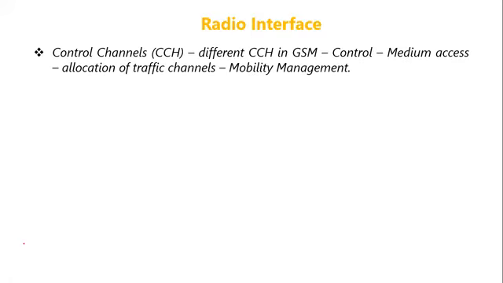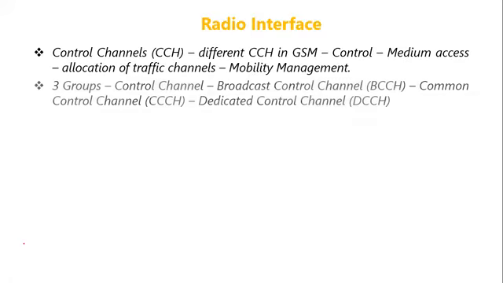The next thing we will be discussing is the control channel. Many different control channels are used in GSM. Traffic channels are represented as TCH. Control channels are represented as CCH. Basically, control channels are used to control the medium access and the allocation of traffic channels.